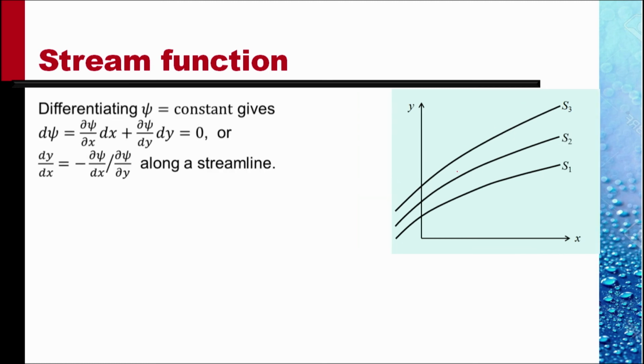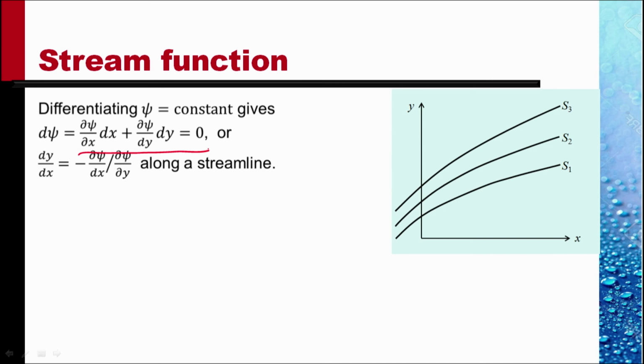We can obtain these equations by formal mathematics also. Differentiating psi equal to a constant gives del psi is equal to del psi by del x dx plus del psi by del y dy is equal to 0, or dy by dx is equal to minus del psi by del x divided by del psi by del y, along a streamline, because psi is constant.